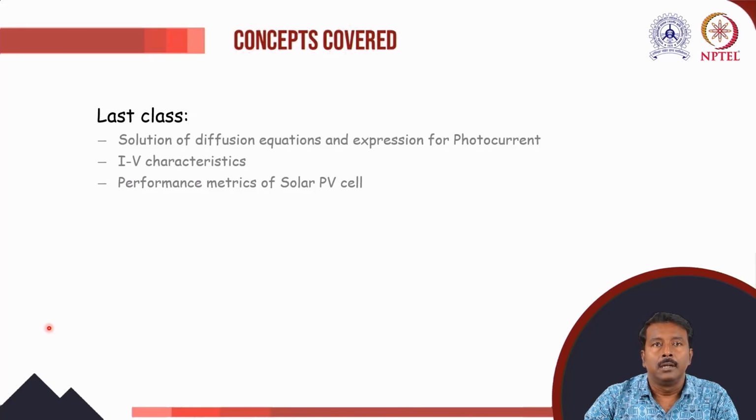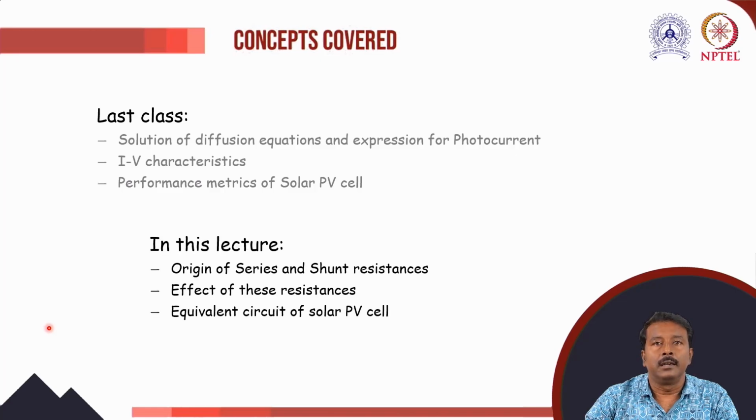Also, we discussed IV characteristics of a solar cell and some performance metrics, for example, fill factor, power conversion efficiency, etc. In this lecture, we will focus on series and shunt resistance.